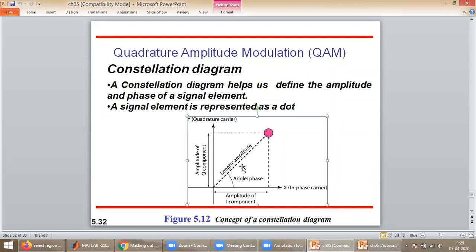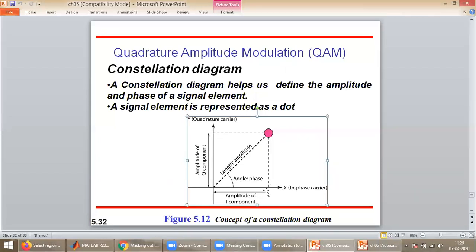The length indicates the voltage amplitude. One voltage is 0, and you need to consider another one, this voltage, because we are using both the phase value and amplitude.